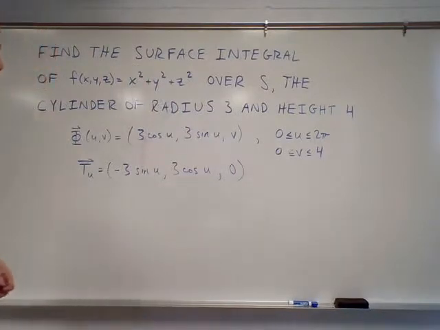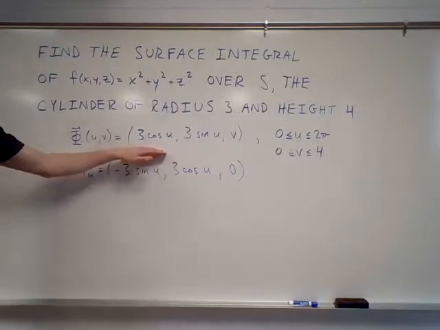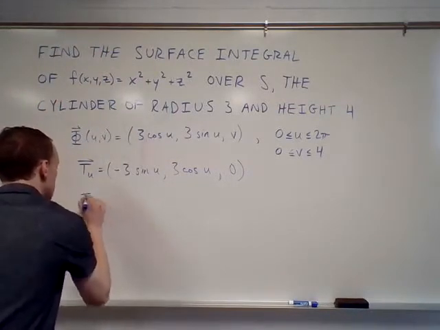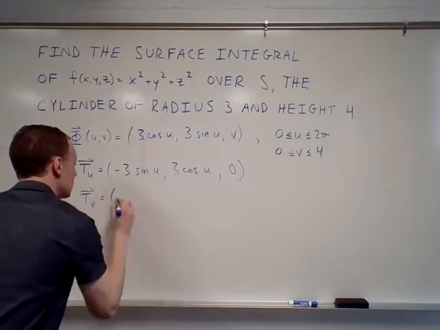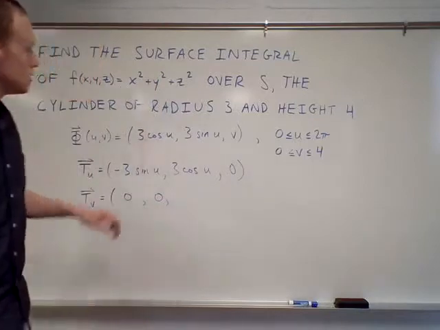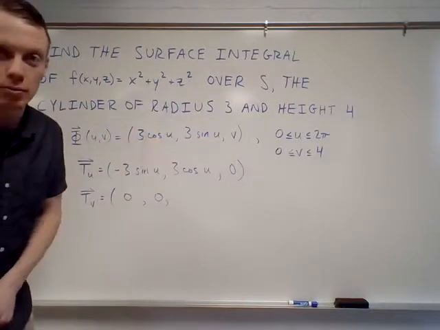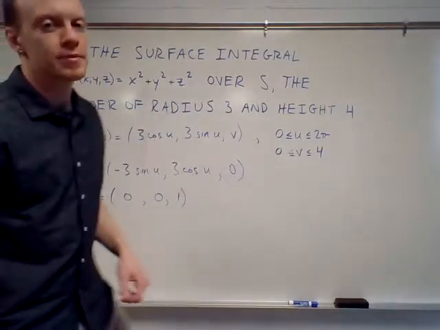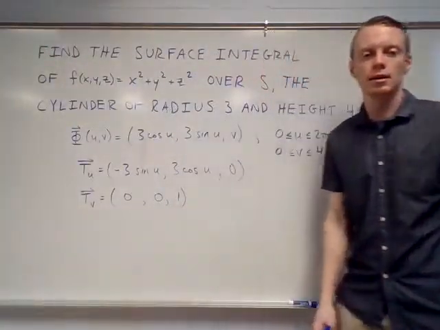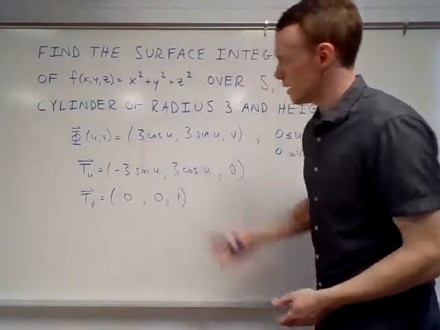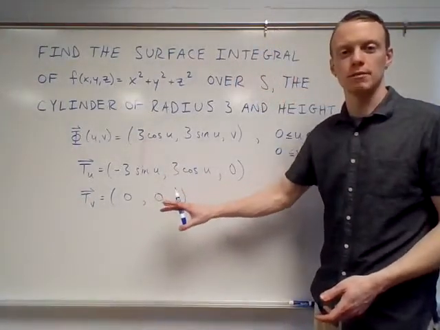And we also find that t sub v hat, the partial of capital phi with respect to v, is going to be 0, 0, and 1. So not too bad of partials here. Now we're going to take the cross product of these two vectors.